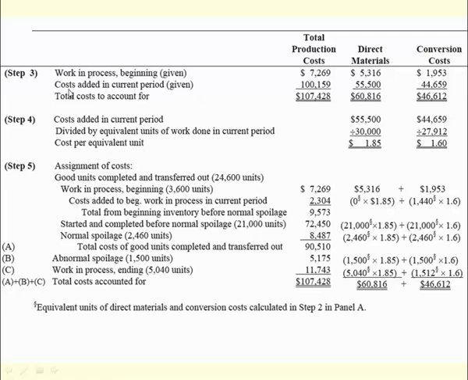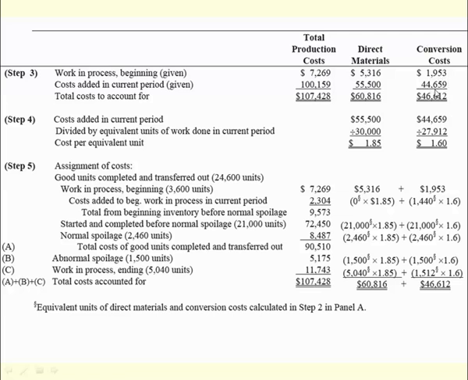So first we calculate total cost to account for by adding work in process beginning plus costs added in the current period: 5,316 plus 55,500, which equals 60,816. This is the total cost to account for under direct materials.